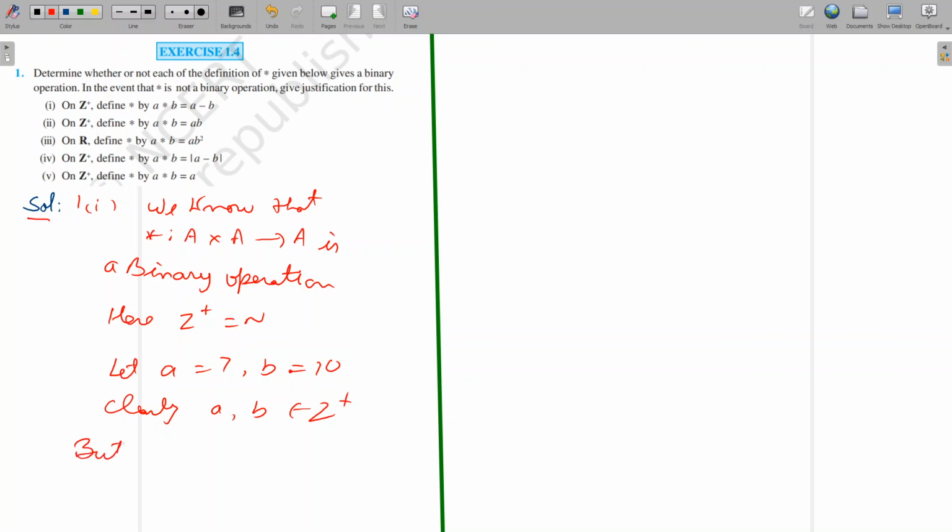But if you find A minus B, that is 7 minus 10, that is equal to minus 3, and that is not a member of Z plus. Therefore we can say that star is not a binary operation. So this is the first part, it is a very simple one. Now let us go for the second one.